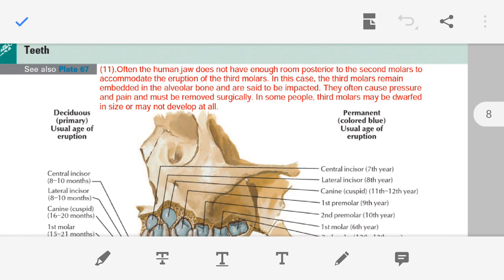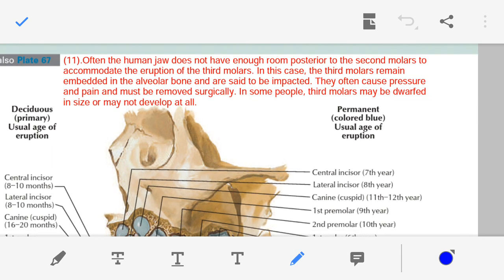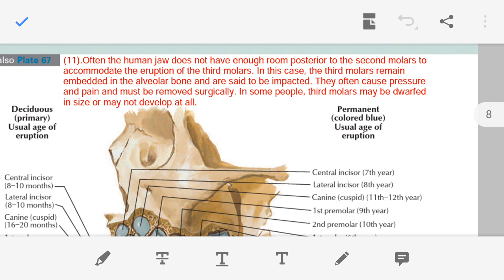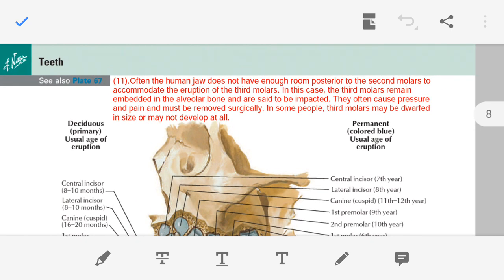That is the meaning of this 11th point. And in some people, the third molar, the wisdom tooth, may be dwarf. So it is smaller in size, and in some people it may not develop at all. So this was the last point of our today's discussion.